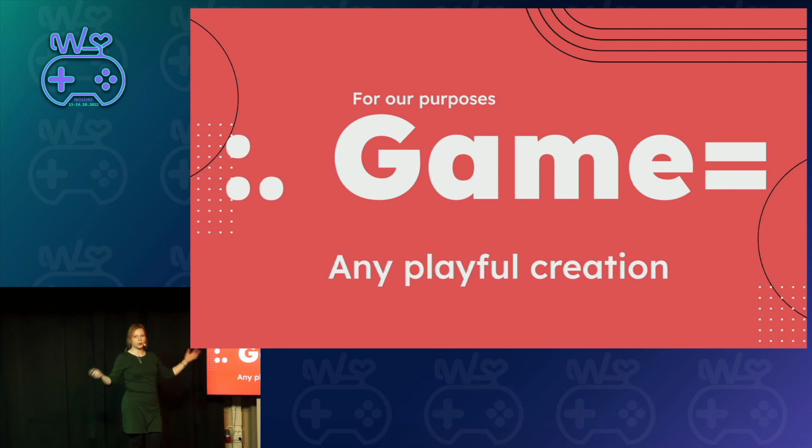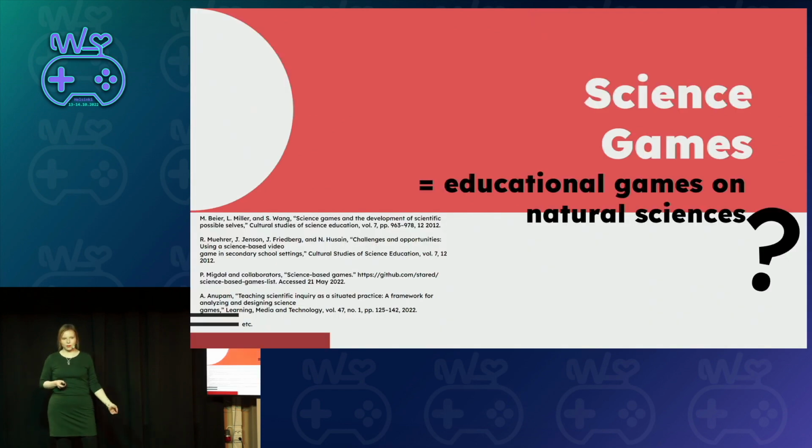I just want to capture the variety of quantum games we have had. There are a lot of academic categories that you might have and a lot of ways to describe certain types of games and give names to them. And like I said, I want to say something about science games, because most of them, if you do a really quick search, you find these educational games that are basically on natural sciences, mostly aimed at kids.